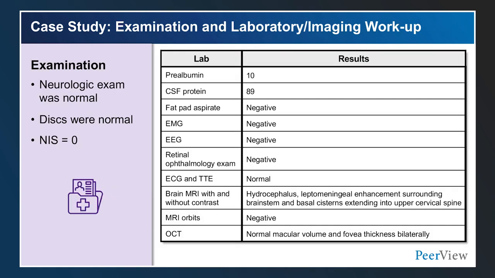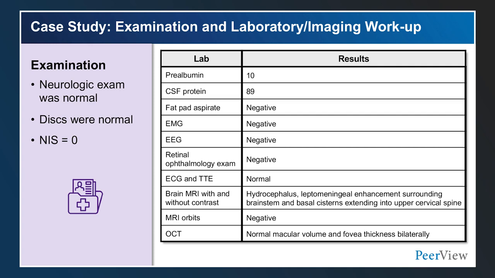In our 37-year-old gentleman, this was his workup. Notably, his prealbumin was 10. Again, prealbumin is transthyretin, was a little bit low. His CSF protein on spinal tap was 89, so a bit elevated. He had a negative fat pad, negative EMG, negative EEG, a retinal ophthalmology exam that was negative, EKG and TTE, which were normal, and ultimately brain MRI with and without contrast that demonstrated hydrocephalus, leptomeningeal enhancement around the brainstem, extending into the cervical spine.